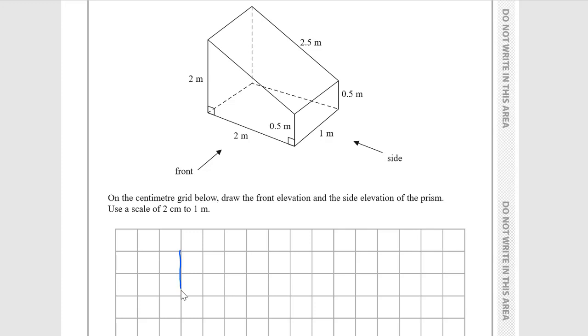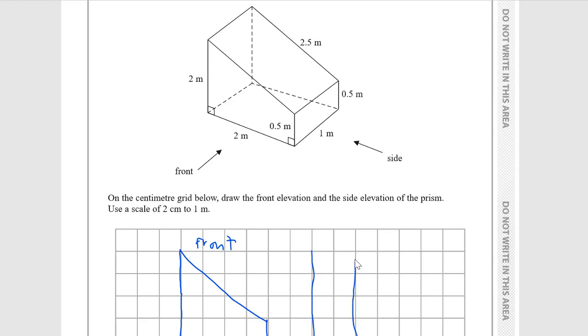So that's 1, that's 2, so that's 1 meter, then 1.5, then 2 meters, and then same thing here, 1, 2, 3, 4. I have 0.5 here, so that means it's going to be 1 centimeter, and then we draw the line. Brilliant. Of course, when you're drawing this, it needs to be a lot straighter using a ruler, but just for the sake of this, I hope you understand.